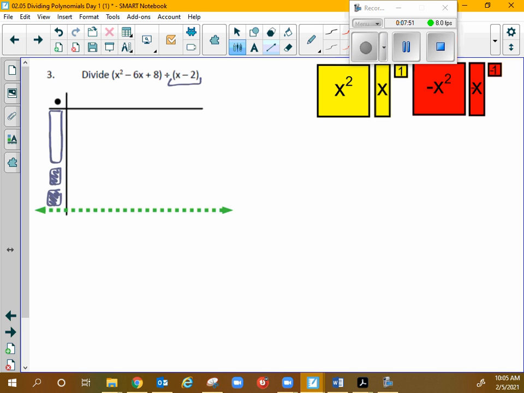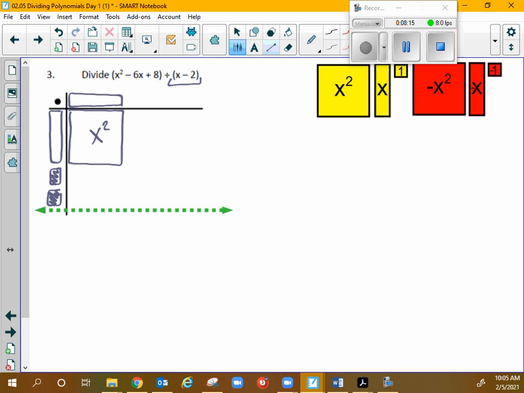So we're going to start with our leading term that we need to divide, which is what? X squared. So what has to be my first term on the top? X. How do I get x squared from an x? Okay.